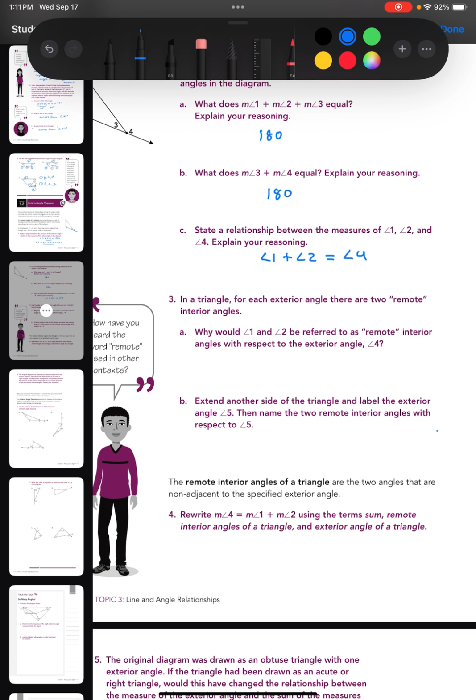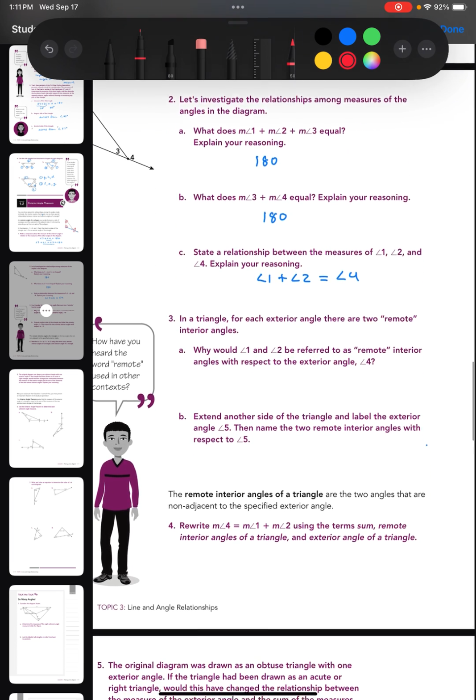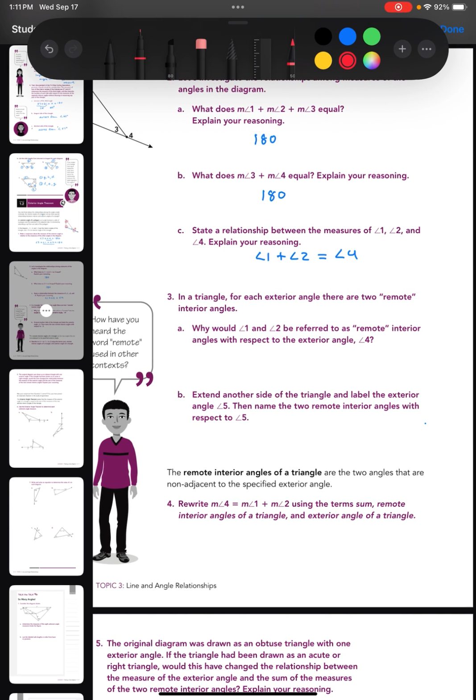So in a triangle, for each exterior angle, there are 2 remote interior angles. That's what we were just looking at. Looking at that triangle, for this exterior angle of angle 4, 1 and 2 are the remote interior angles. They're the farthest angles away from that exterior angle that are on the inside of the triangle, which is explaining what A is asking.